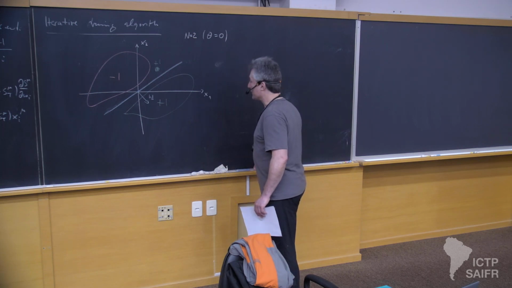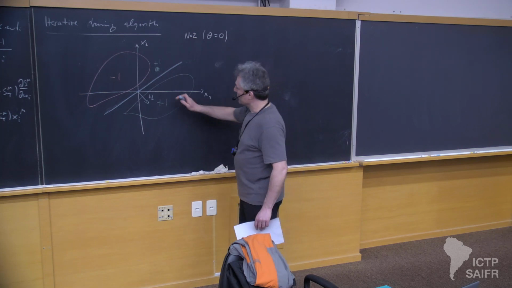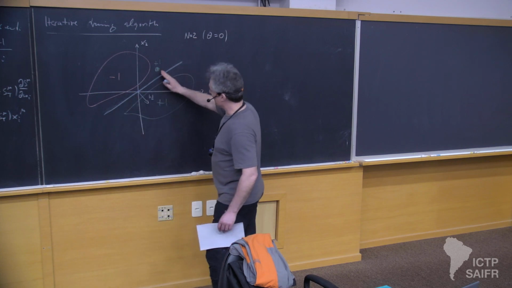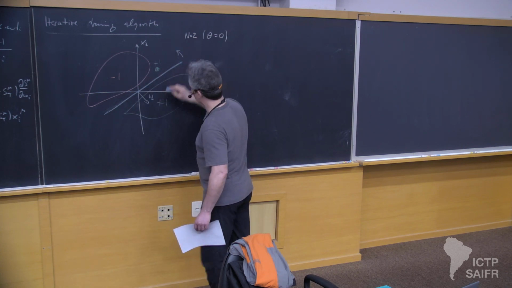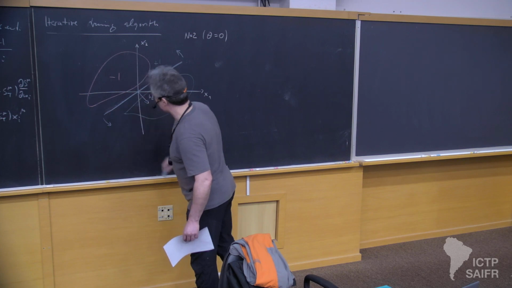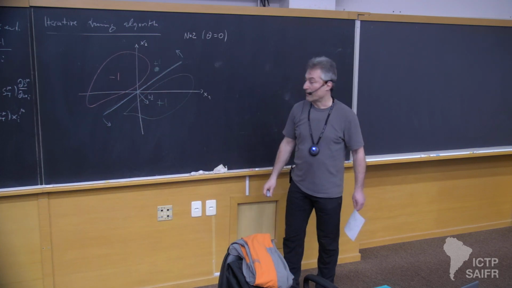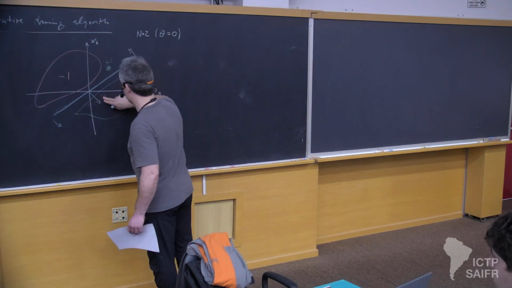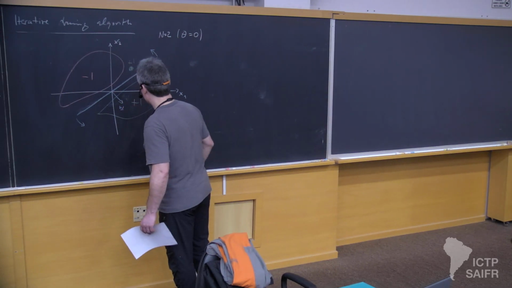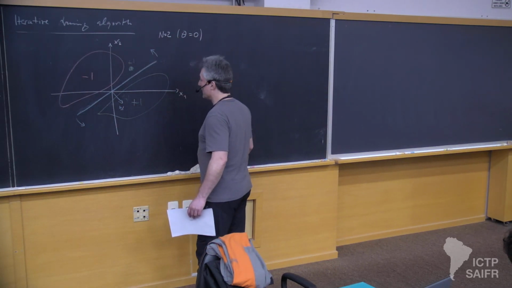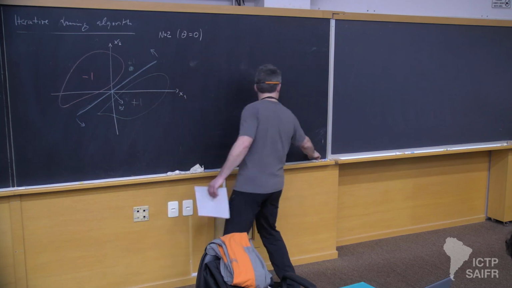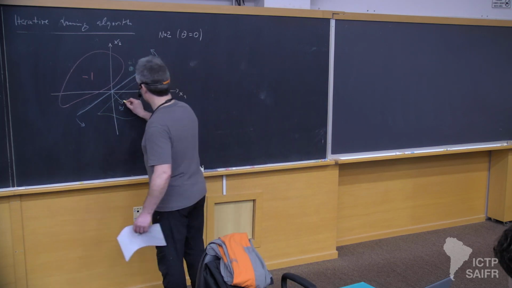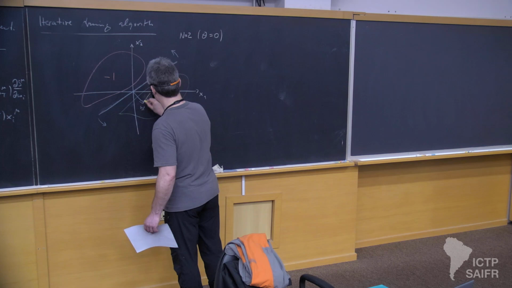So what we need to do is move this separating line a little bit in that direction. We rotate it like that, right? And we can do that by adding a small correction to the W, in that direction.